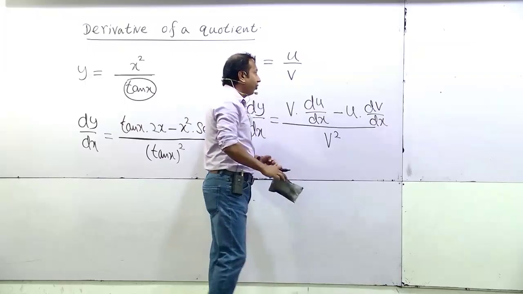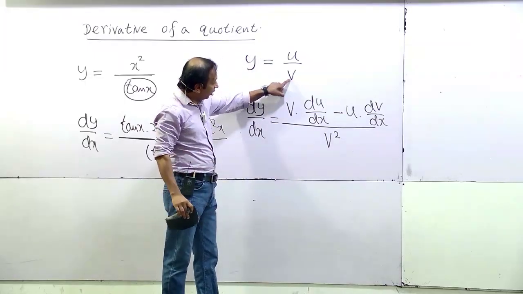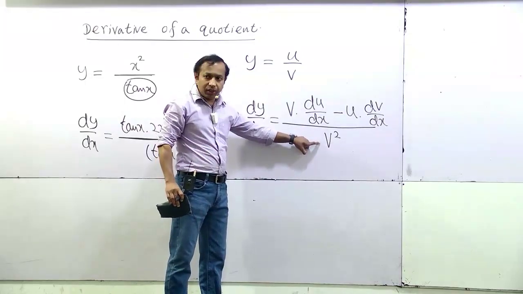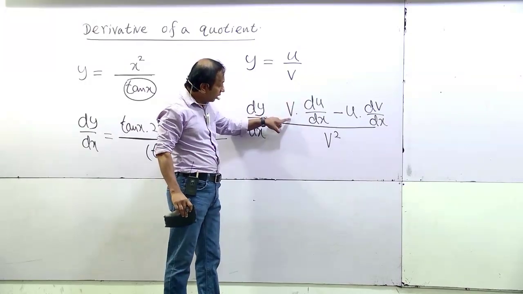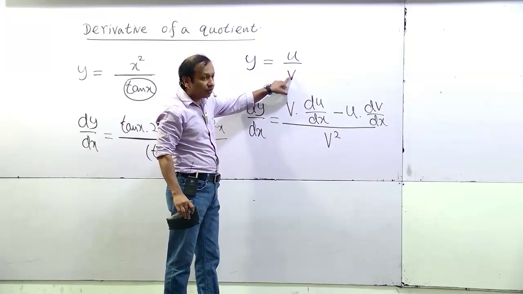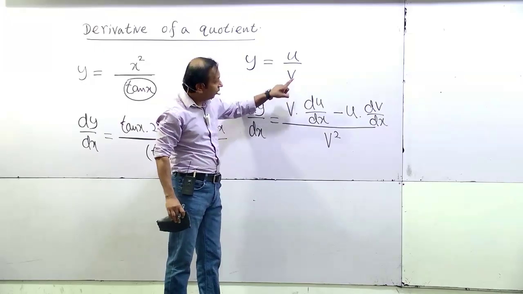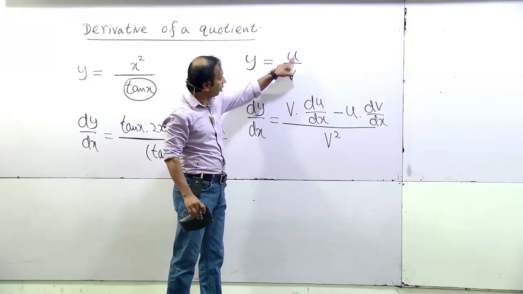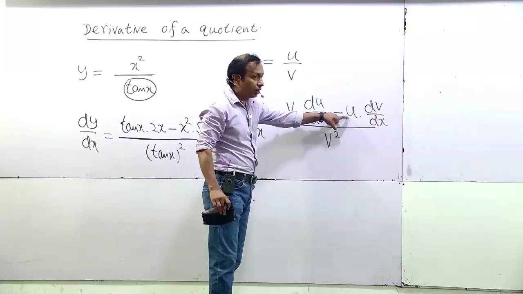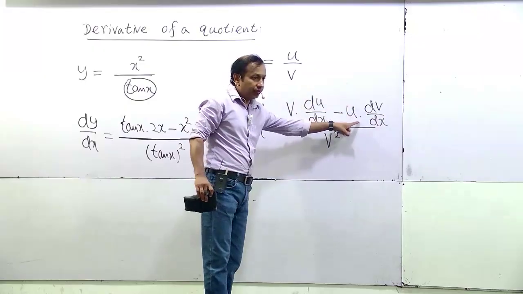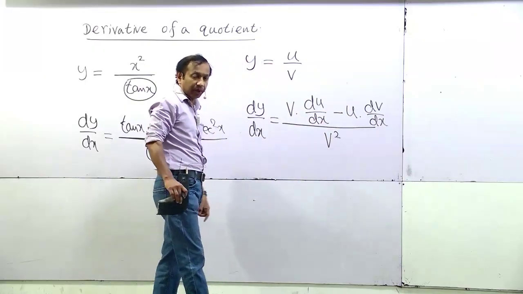Remember, the given denominator squared, v squared, is the denominator of dy by dx. The numerator starts from the given denominator. This we keep times the derivative of this, minus this we keep times the derivative of this. That's how we take it.